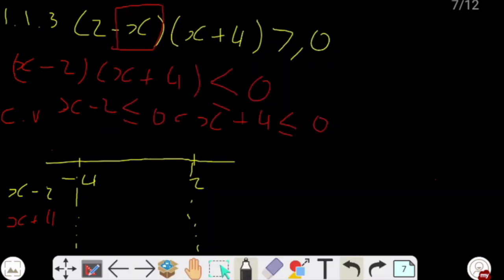Let's pick a number which is less than negative 4, right? Let's go with negative 5 and put it in the space of x.